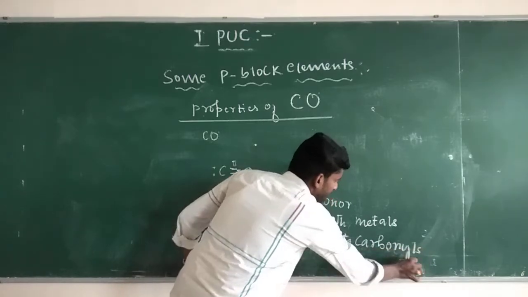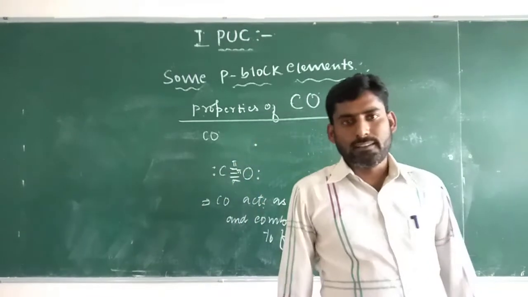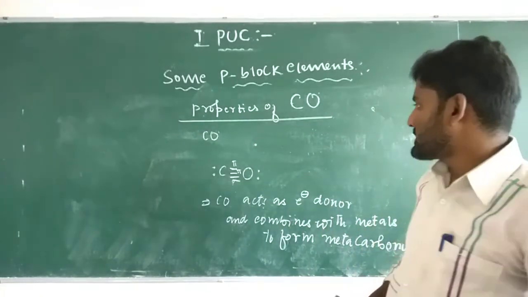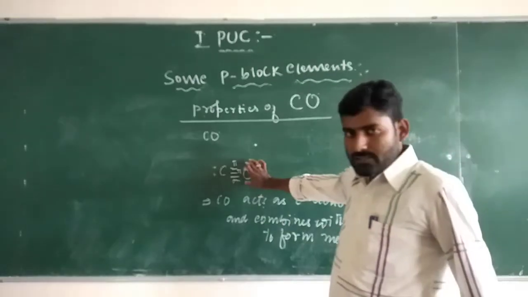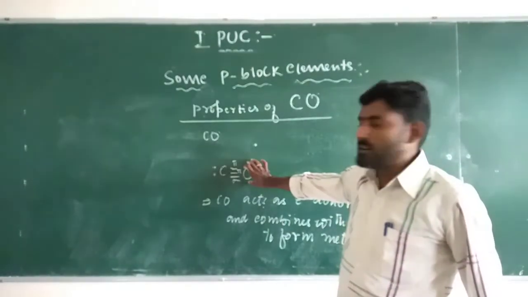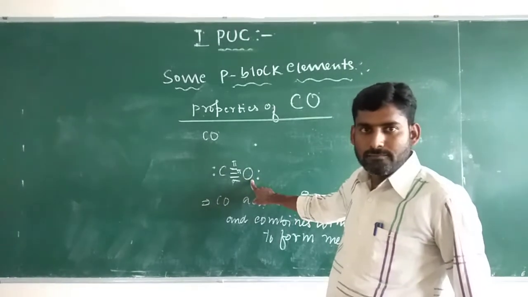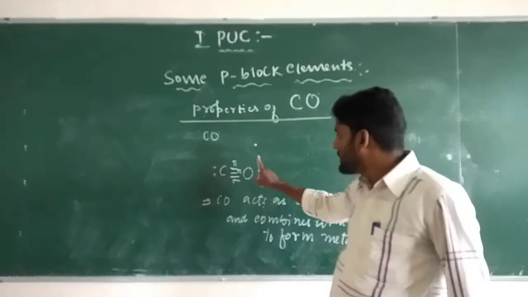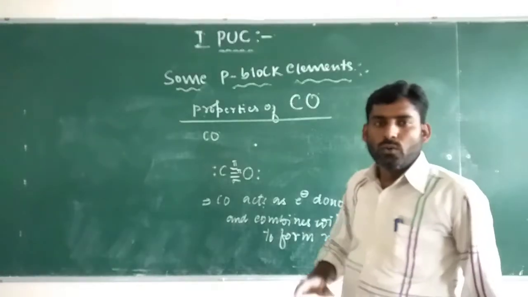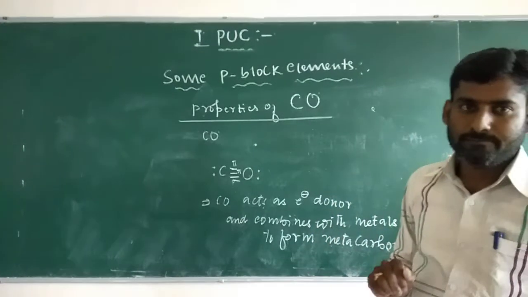Carbon monoxide forms a triple bond between the carbon atom and oxygen atom, and on both atoms lone pair electrons are present.